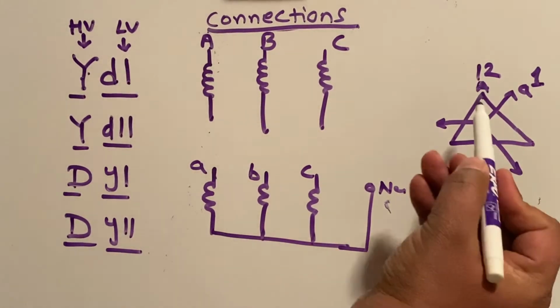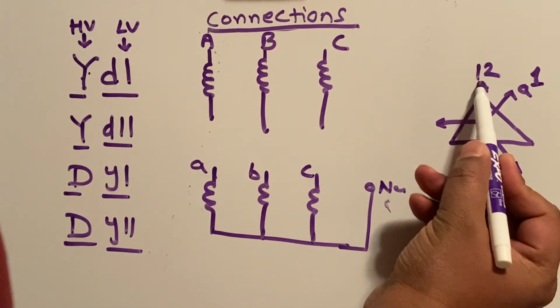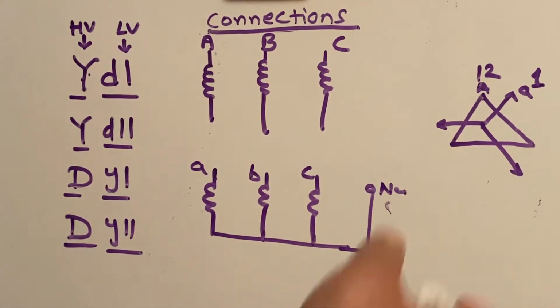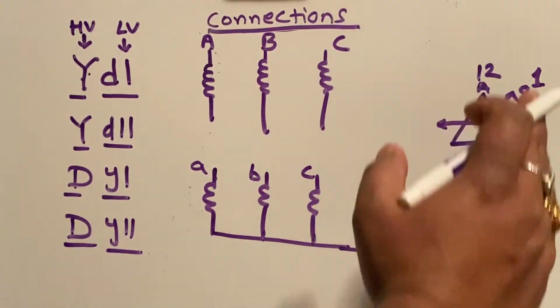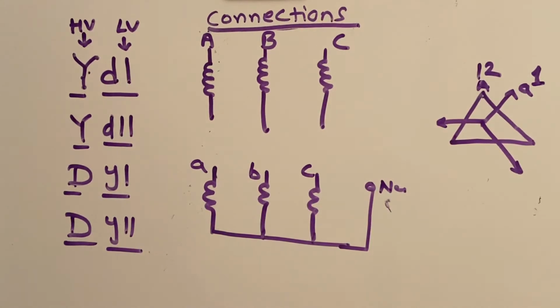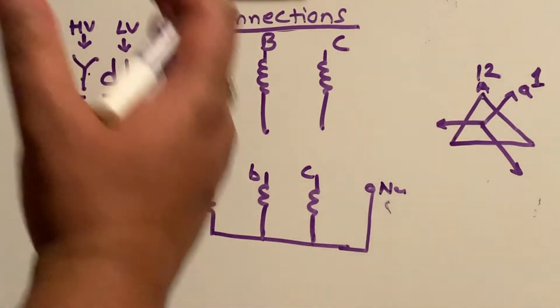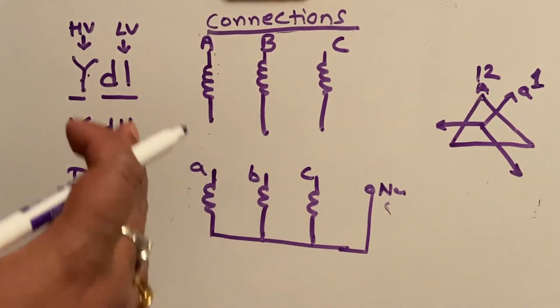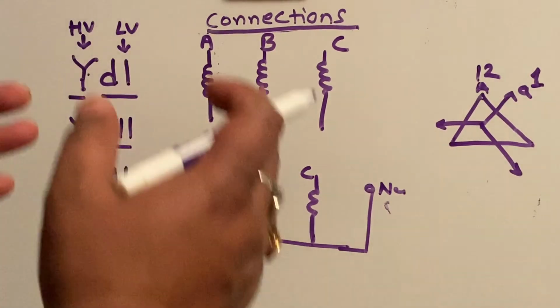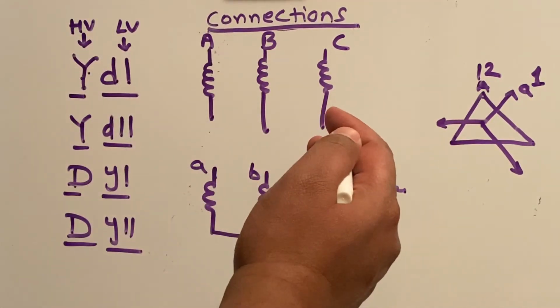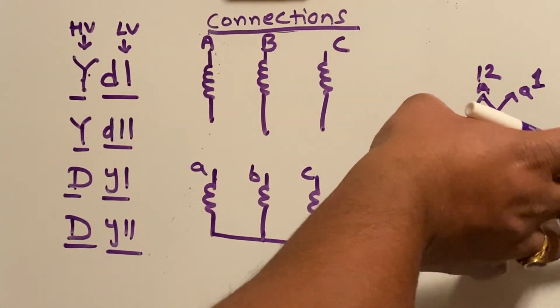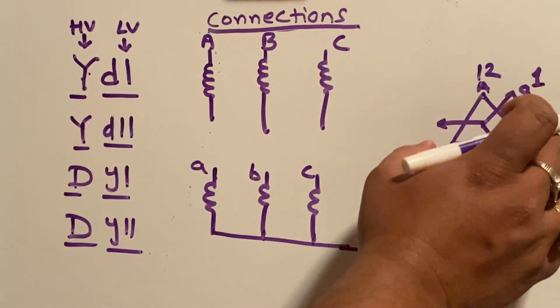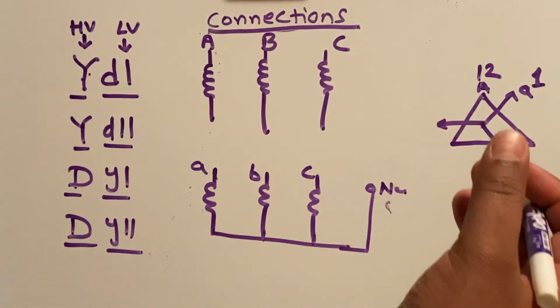If you see, this is the reference point, capital A. Now we have to rotate this vector diagram in such a way that we get star as a reference point. Although, as I said earlier, your reference point is always going to be the high voltage winding. But in this case, since the high voltage winding is going to be the delta winding, in order to make the physical connection, we have to rotate this vector and consider small a as a reference point.